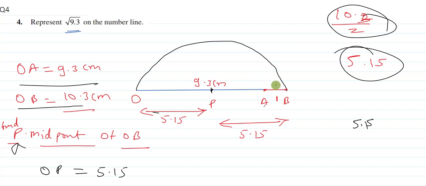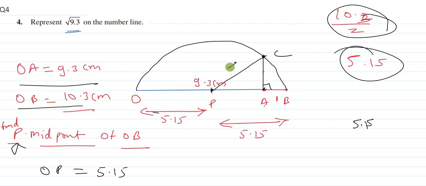Okay. Now draw a perpendicular at point A. It intersects this semicircle at a point, let's call it C. Join this distance PC.